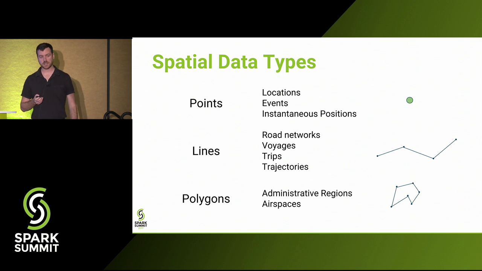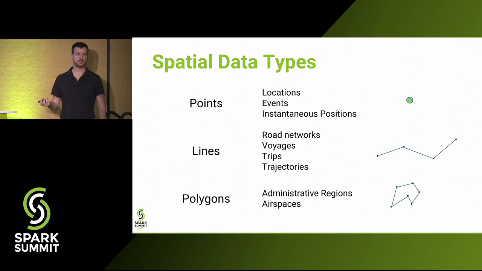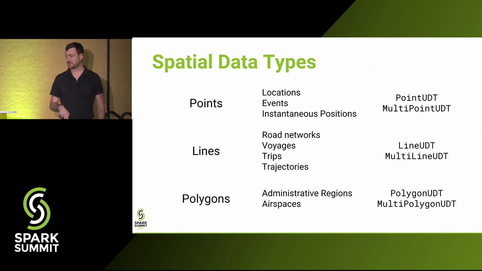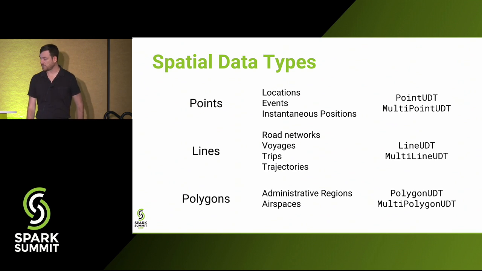And then, of course, there's polygons. Polygons are typically used in GeoMesa on the query side of things. They're not usually the source of the high volume, high velocity data. But again, there's support for dealing with polygons and doing some of those spatial joins. The corresponding UDTs, user-defined types, are shown there: point UDT, line UDT, and polygon UDT.